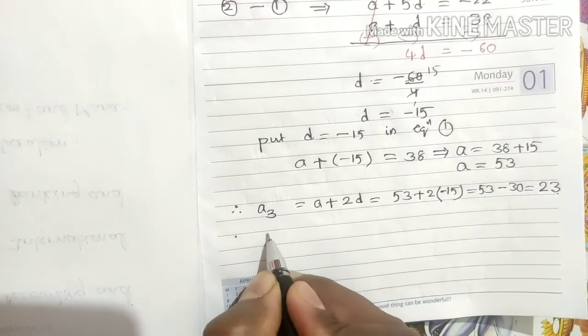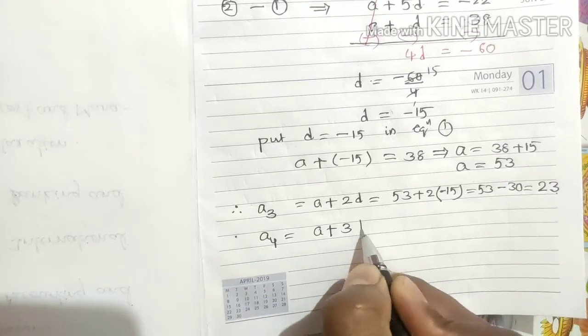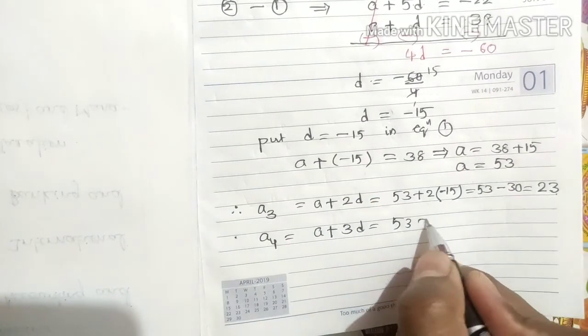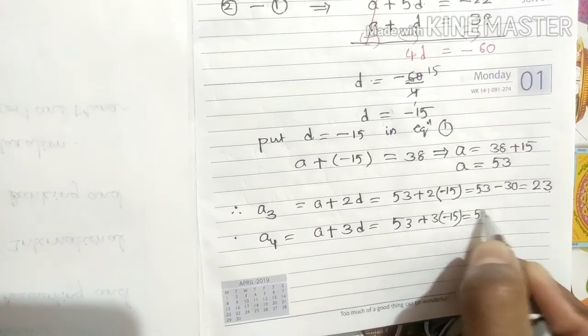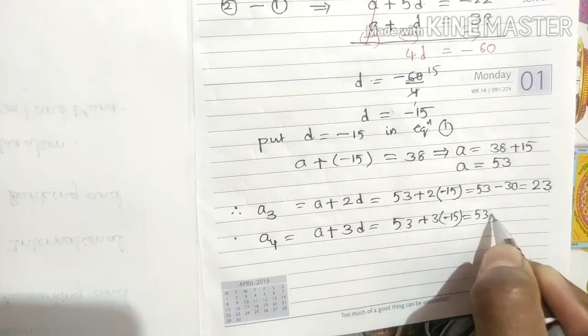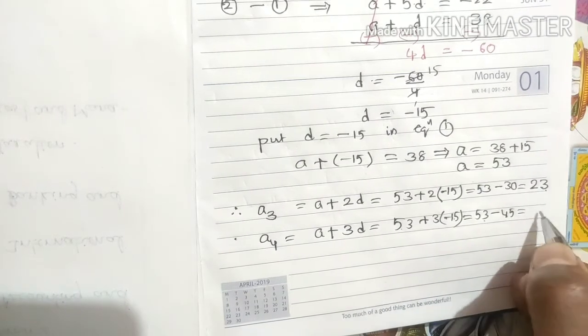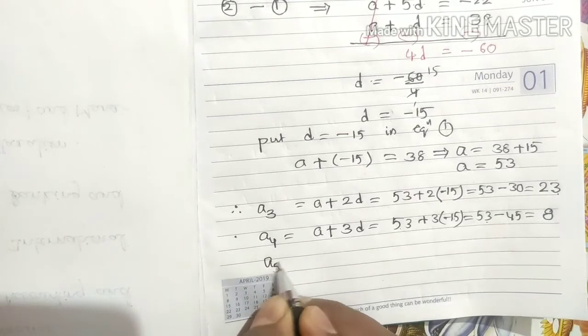Next A4 is also required. A4 can be written as A plus 3D. The A value is 53 plus 3 times D, 3 times minus 15. Then 53 stays 53, plus into minus is minus, 3 into 15 is 45, 53 minus 45 is 8. Next A5 is required.